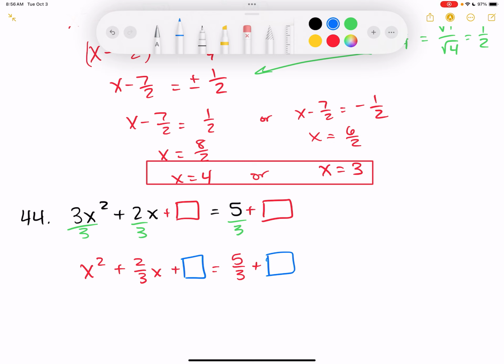No. Half of 2/3, the 2's cancel, so it's 1/3. So this is going to be 1/3 squared. My box isn't big enough, let me make it bigger. There we go. And then over here, I'm going to make this 1/9.